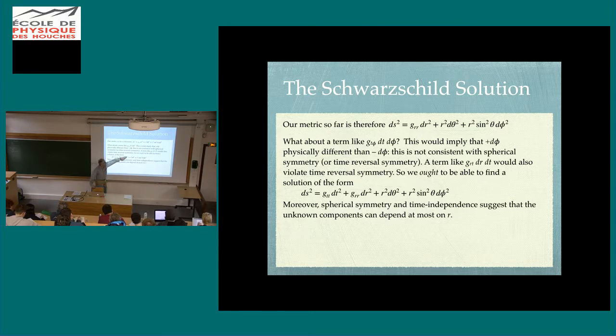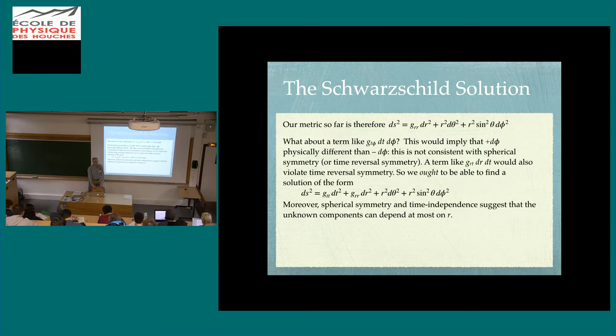We don't have to choose this to be 0, but we ought to be able to choose it to be 0. And in fact, we can, as it turns out. Moreover, the spherical symmetry and time independence suggest that none of these components should depend on theta or phi or t, so they ought to depend only on r.